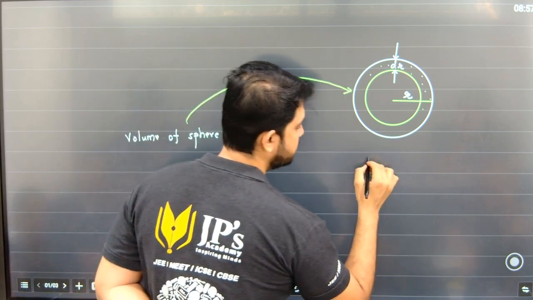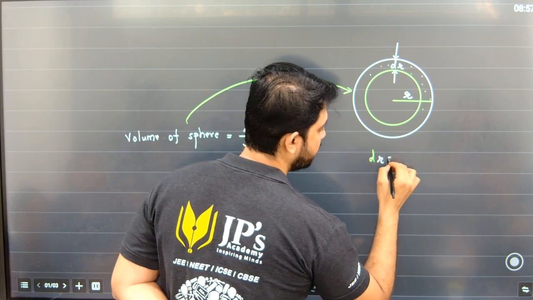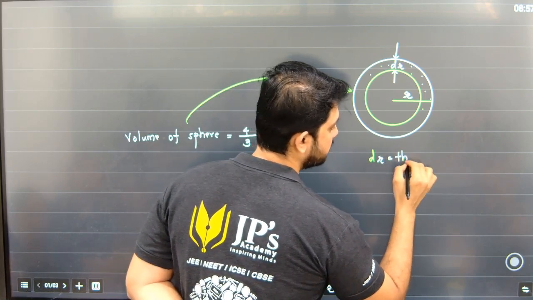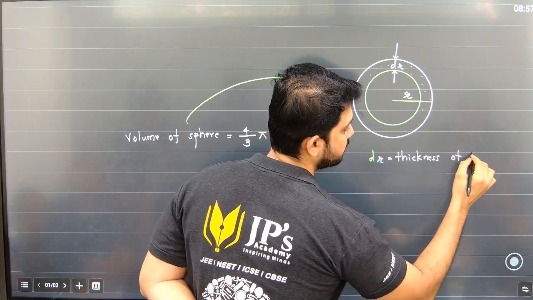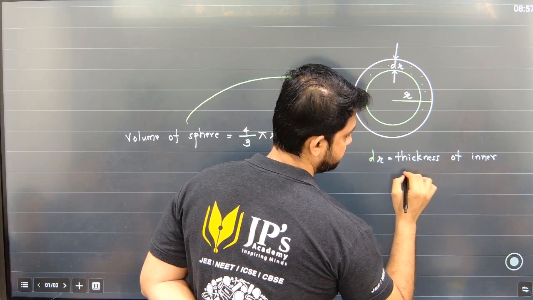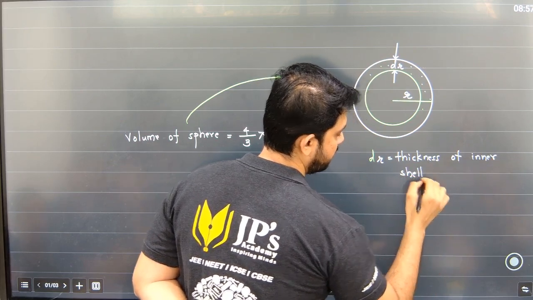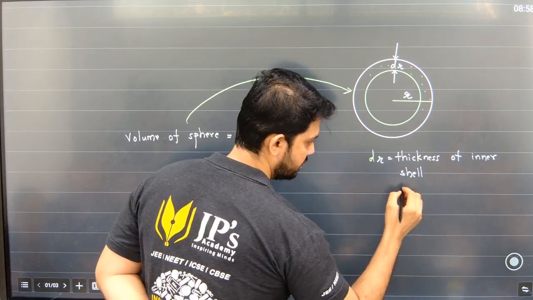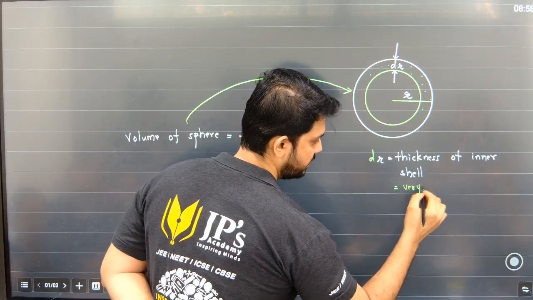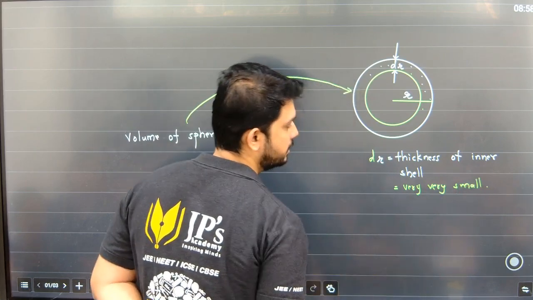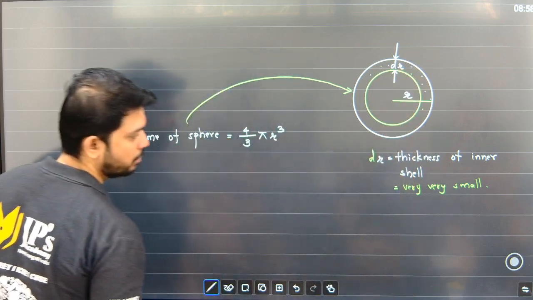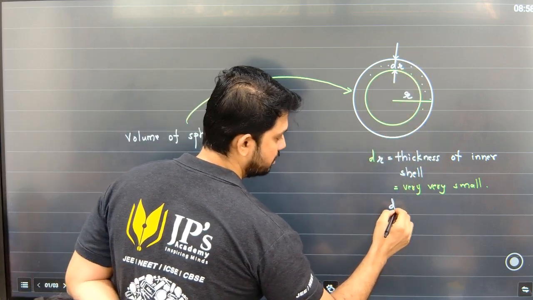What exactly is dr? What does dr stand for? I repeat, it is the thickness of the shell. And remember, this is very, very small. We've already assumed the thickness to be very small. The value of dr is very small, almost tending towards 0.